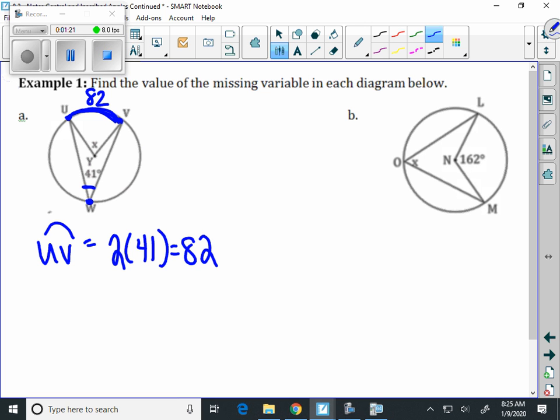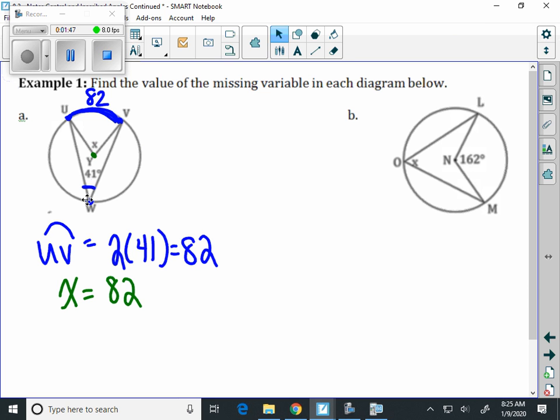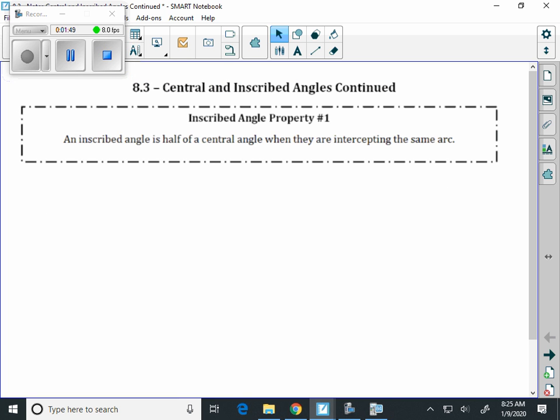And then the last part is, once we know this arc, it relates to the central angle, which has its vertex at the center. So if UV is 82, then X is also 82, because the measure of the central angle equals the measure of the intercepted arc.